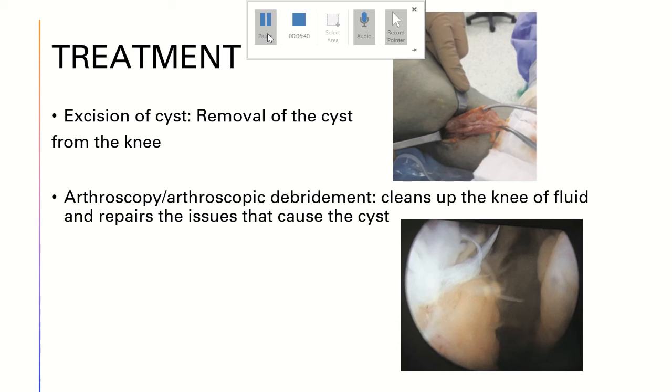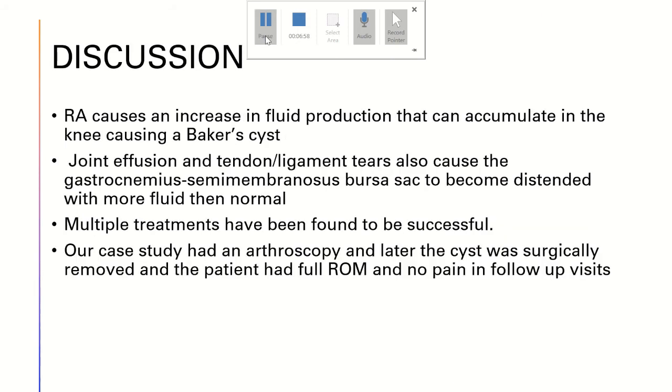It kind of goes in and finds those problems and fixes them, as well as getting rid of the cyst. In our case, our patient did get an arthroscopy of his knee, which removed the cyst.